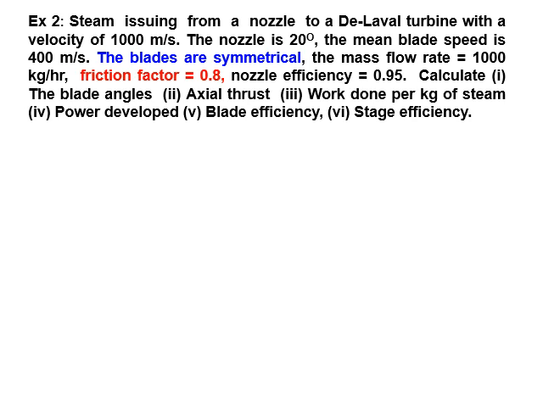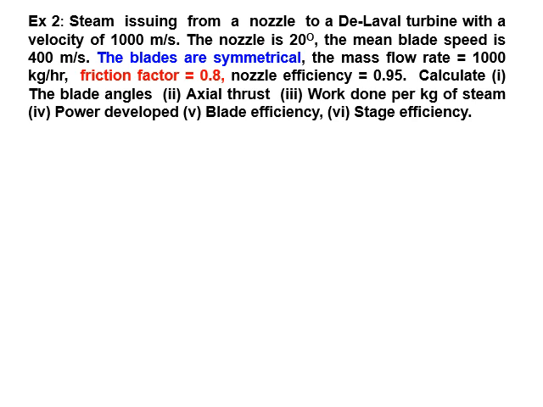Divide 1000 by 3600 and get the answer in kg per second. Friction factor is equal to 0.8, that means the ratio of VR2 by VR1 is equal to Cv, which is equal to 0.8. The nozzle efficiency is given as 0.95.